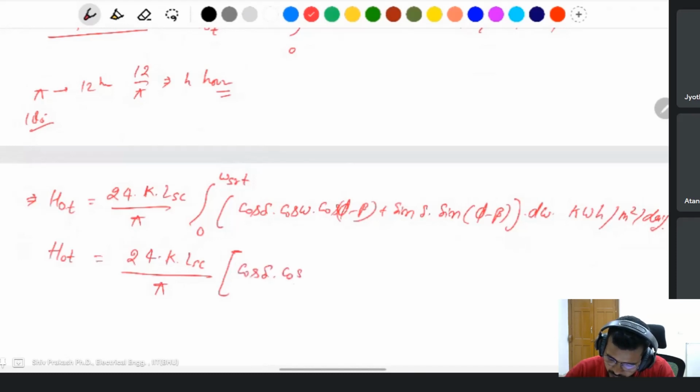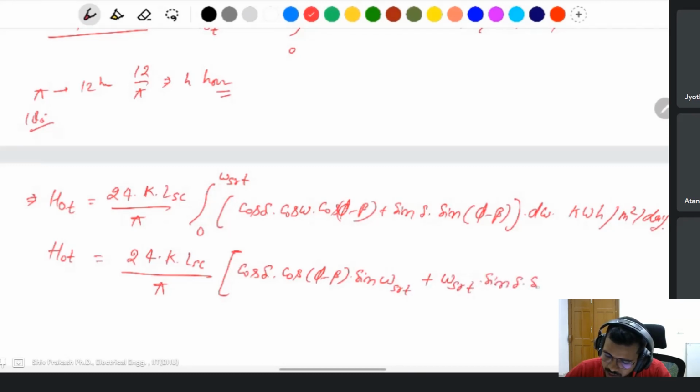Cos delta into cos phi minus beta, this will be cos omega. The integration of cos will be sine. In place of omega, it will be omega SRT. SRT is the tilted sunrise angle, the tilted sunrise and sunset angle. This will be constant. That's why omega is SRT.